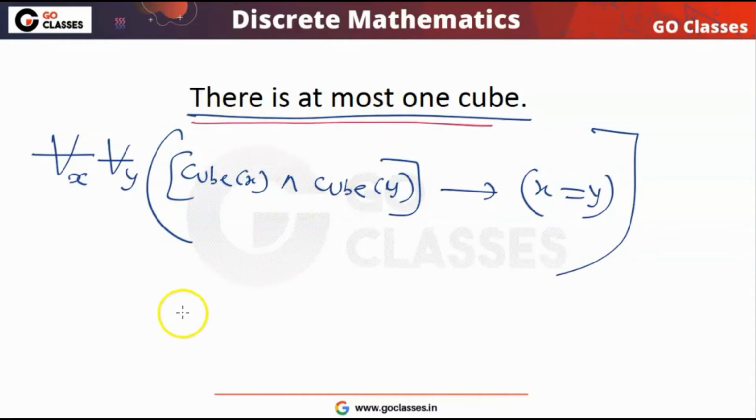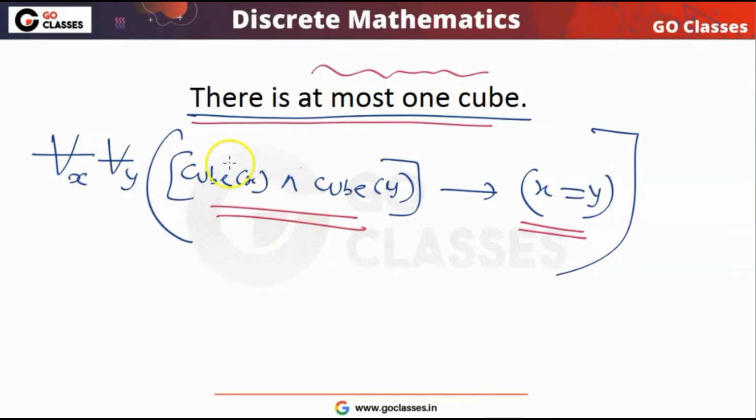It means that if there are two cubes, cube x and cube y, then they must be the same, because we cannot have more than one cube. So we cannot have two cubes. If both are cubes, they must be the same.